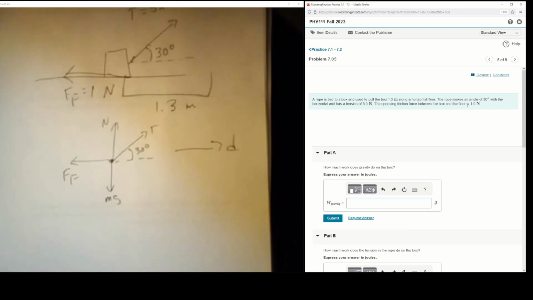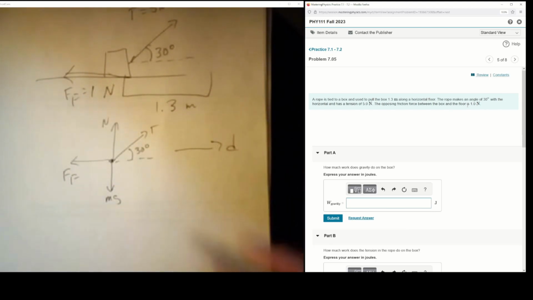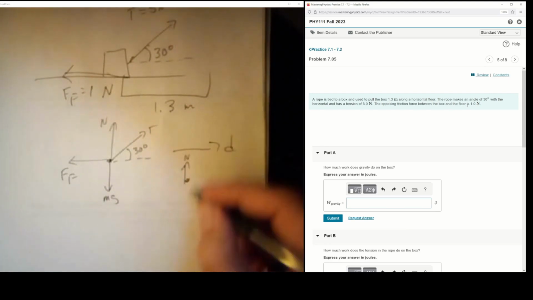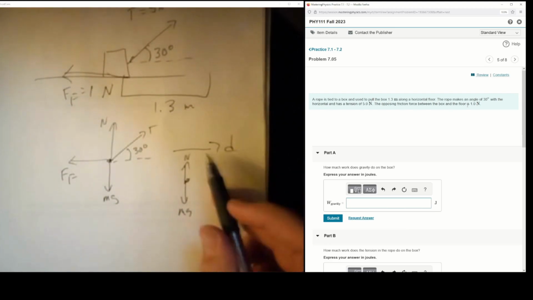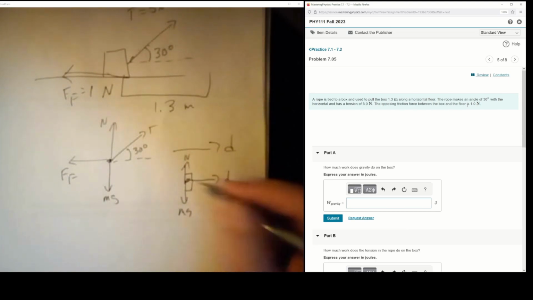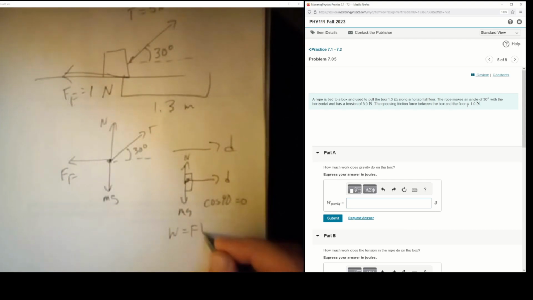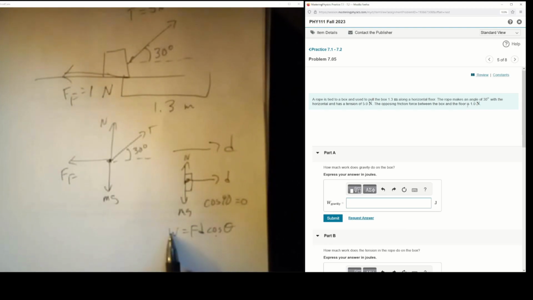That means the normal force and weight are both perpendicular to displacement. That means 90 degrees, and cosine 90 equals 0. And so when we look at our work formula, F D cosine theta, if cosine theta is 0, then the work done is 0. So the work done by the normal force is 0, as well as gravity.